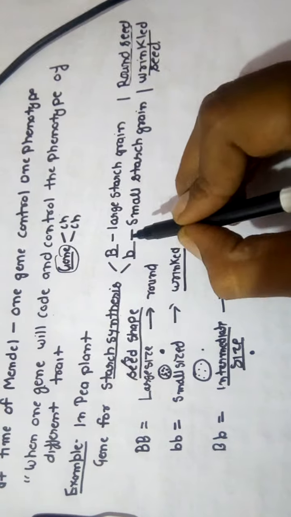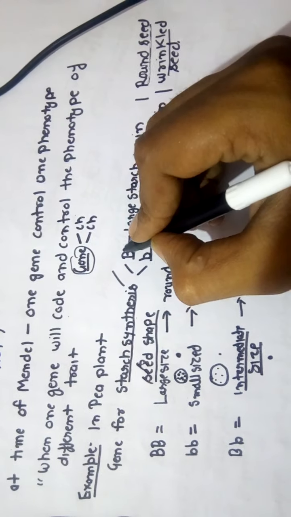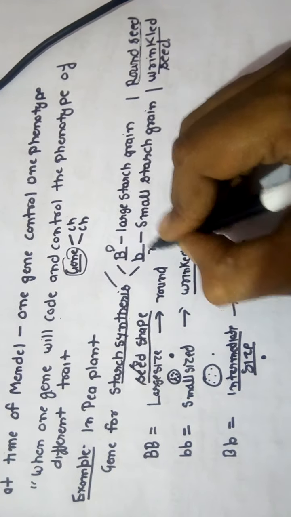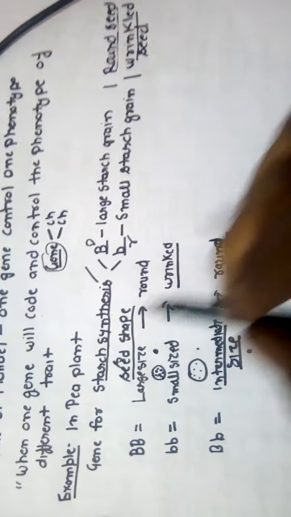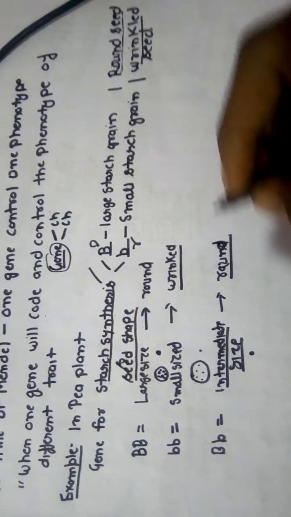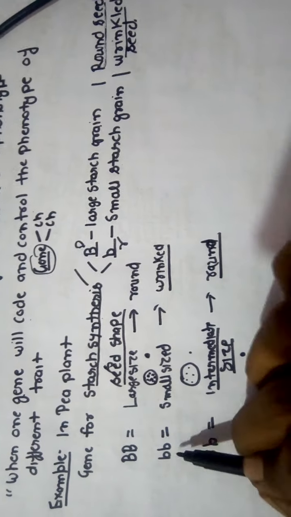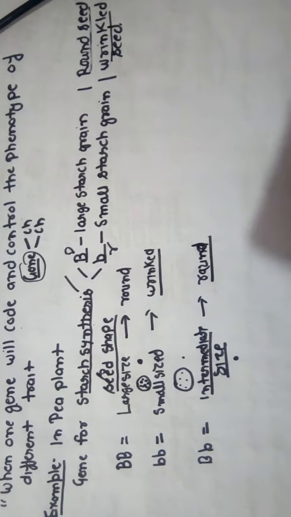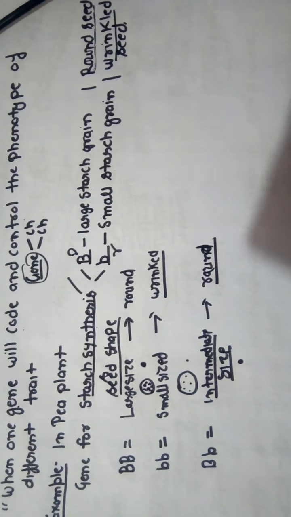So here you can see these two alleles, capital B and small b. For seed shape, that is round or wrinkled, capital B is dominant and small b is recessive. But if we consider the starch grain size as a character, अगर हम starch grain size को एक character की तरह मान लें तो इस केस में आप क्या देख रहे हो, capital B में capital B एक्सप्रेस हो रहा है, large आ रहा है, small b में small b एक्सप्रेस हो रहा है, starch grain का size छोटा है, but capital B and small b इस condition में intermediate size of starch grains आ रहे हैं.